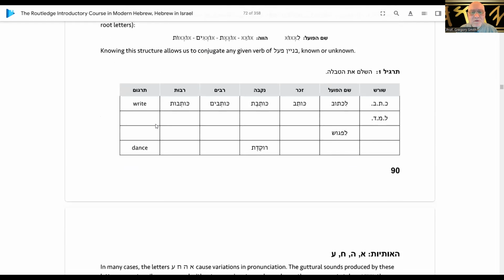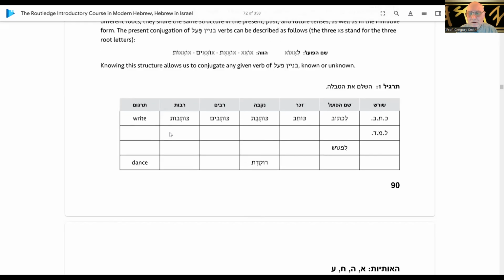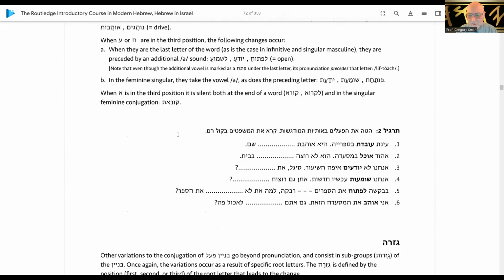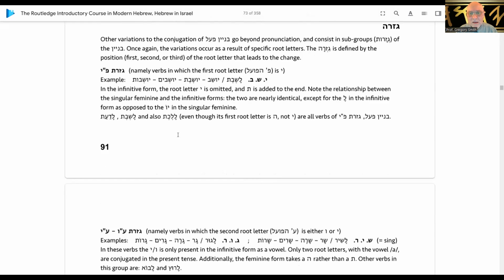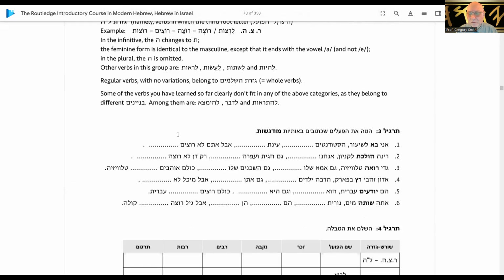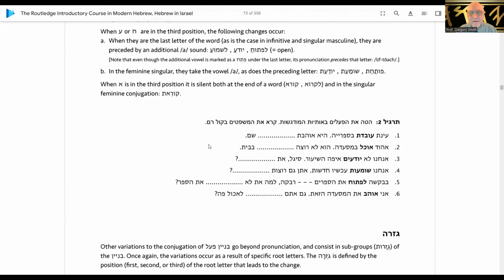Let's see, it has to do with "know." Okay. Sigal et, to know. Let's see. Sigal et "ladat."